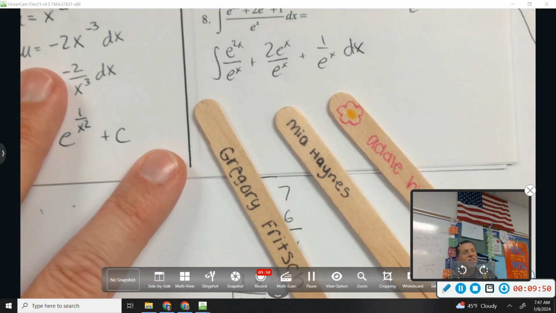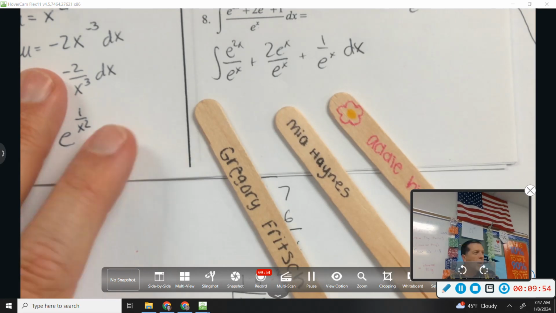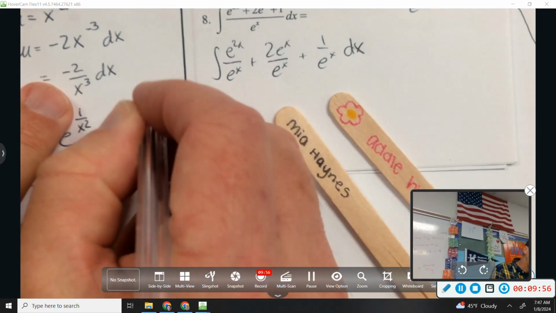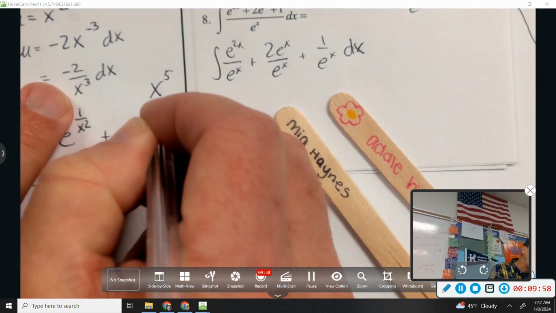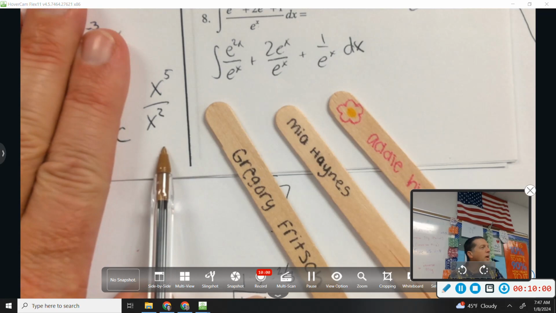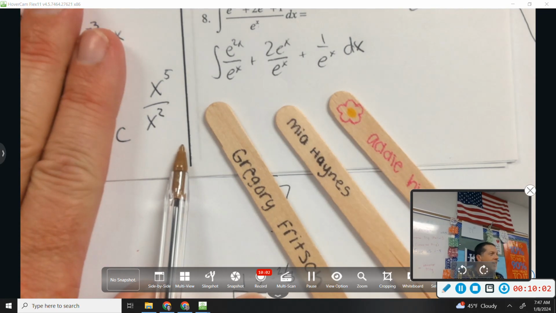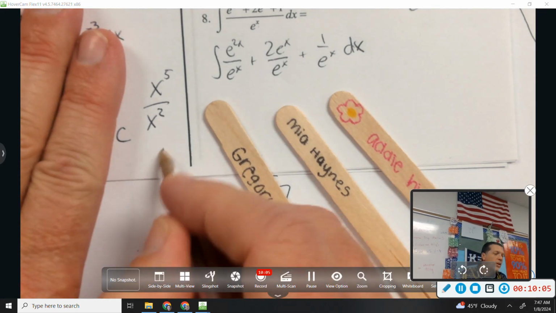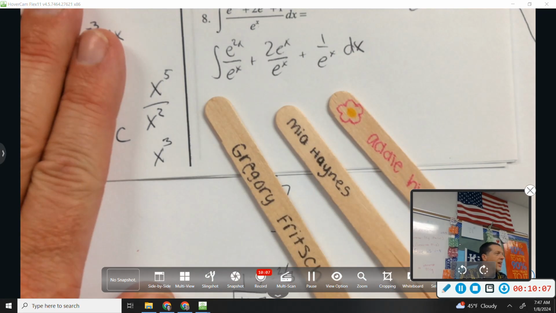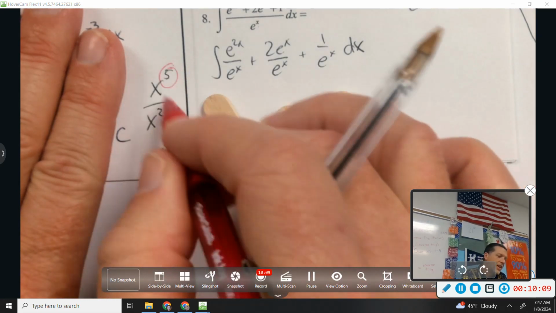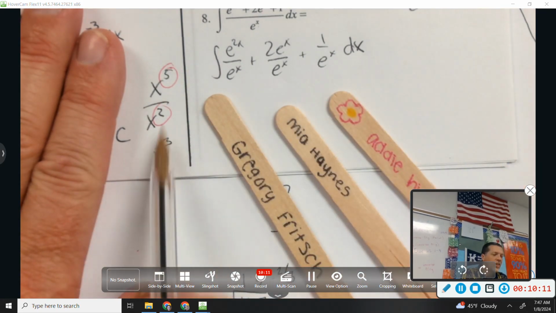Gregory, what's e to the 2x divided by e to the x? Let's back up. How do you do x to the 5th divided by x squared? X to the 3rd. And what did you do to get that? Okay, so use that same rule.